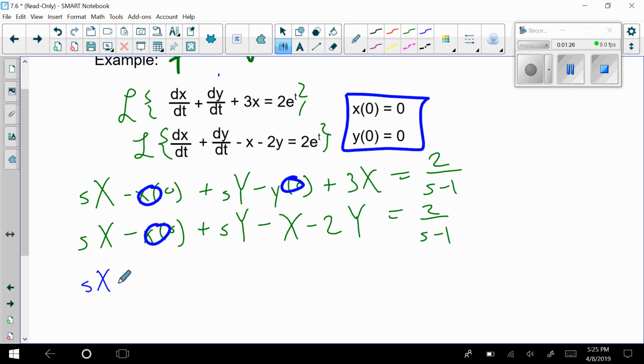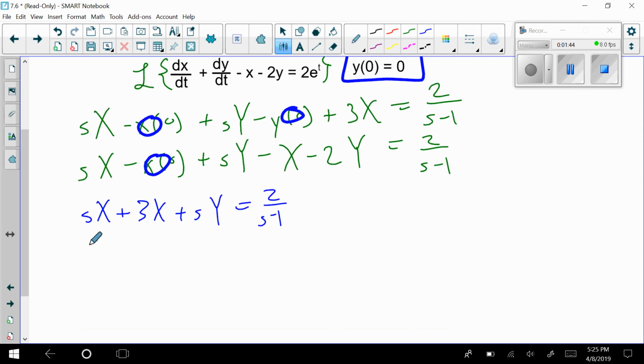s big X plus s big Y plus, well, maybe it'd be wise to write the x's together. So this is plus 3 big X plus s big Y equals 2 over s minus 1. This would be an s big X minus big X plus s big Y minus 2 big Y equals 2 over s minus 1.